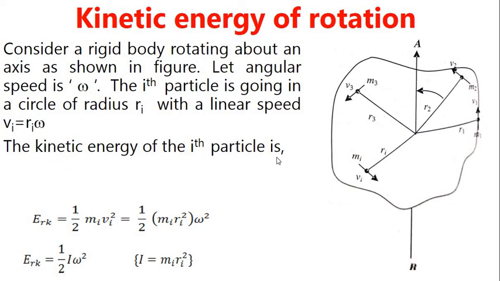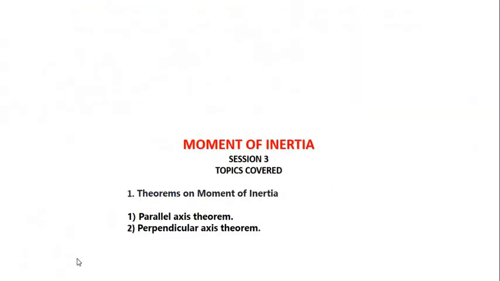The kinetic energy of the ith particle is half mi vi square. But vi is equal to Ri omega, so vi square is equal to Ri square omega square. We take mi Ri square, which is nothing but the moment of inertia of the ith particle. Therefore, kinetic energy of rotation is given by half I omega square. Thank you.